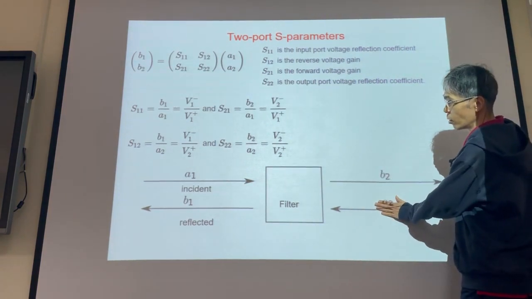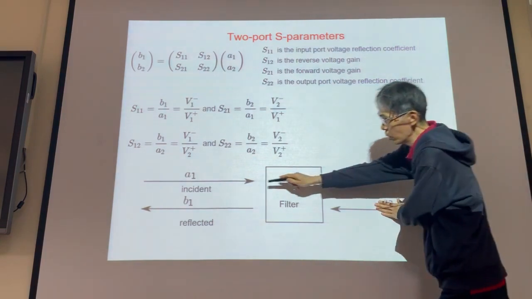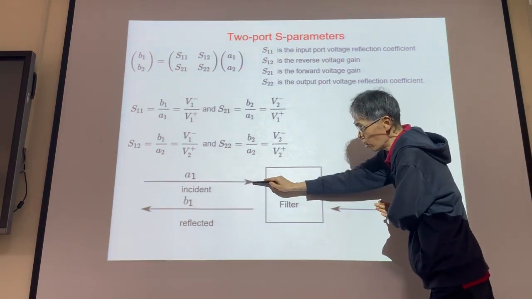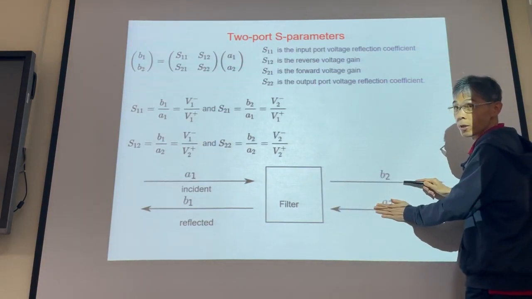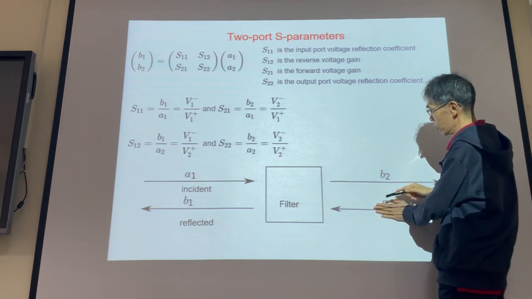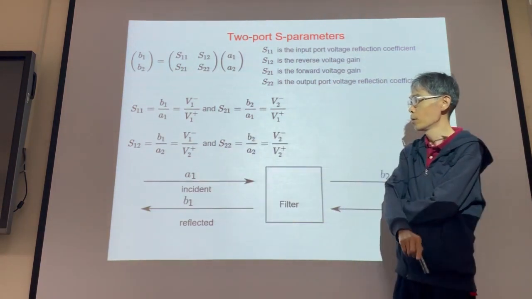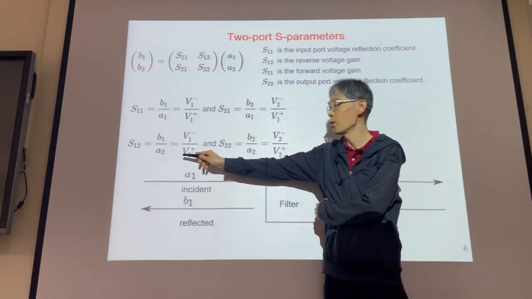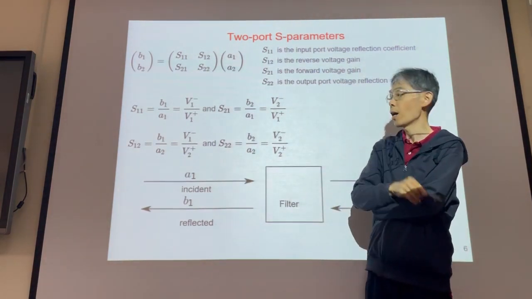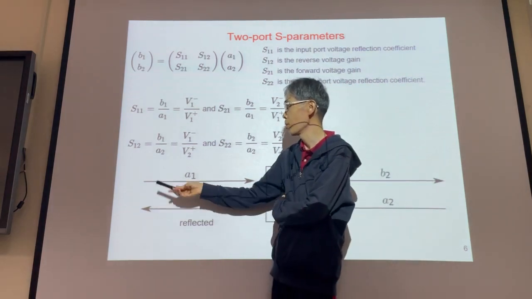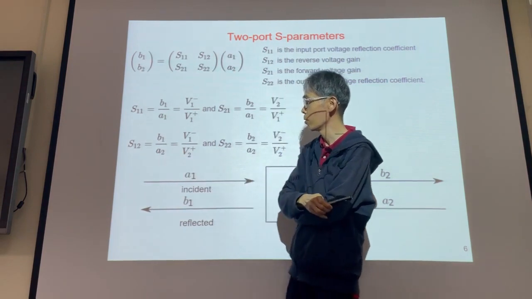So we just consider A1 in. We measure signal in and signal out. There's no A2; A2 is 0. So B2 divided by A1 is S21. So we can just figure out. So under which condition is S12 equal to B1 divided by A2?